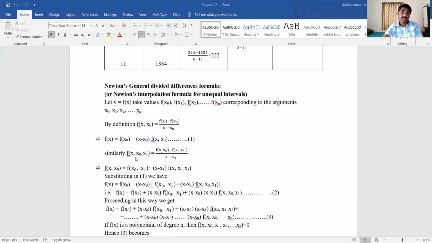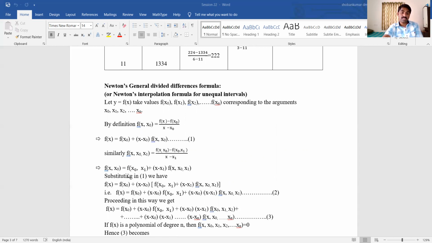Similarly, f of x comma x0 comma x1 is equal to f of x comma x0 minus f of x0 comma x1 divided by x minus x1. Rearranging, we get f of x comma x0 is equal to f of x0 comma x1 plus x minus x1 into f of x comma x0 comma x1.